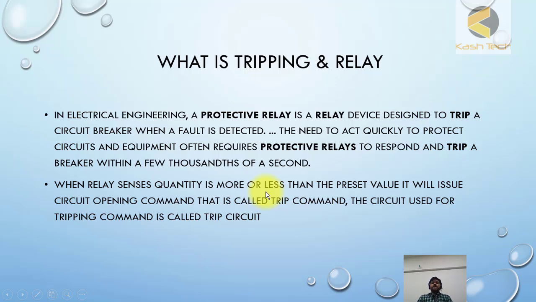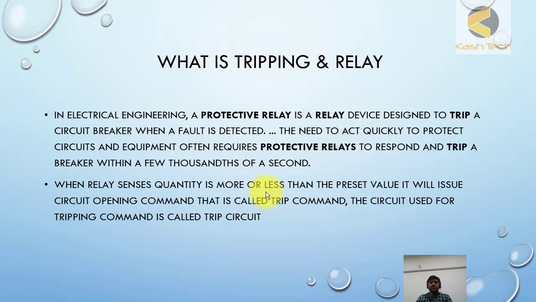Okay, what is tripping and what is a tripping relay? In electrical engineering, a protective relay is a relay device designed to trip a circuit breaker when a fault is detected. The need to act quickly to protect circuits and equipment often requires protective relays to respond and trip a breaker within a few thousandths of a second, or milliseconds.